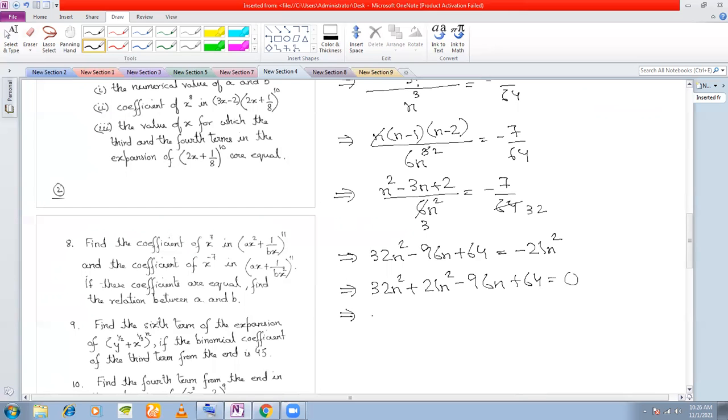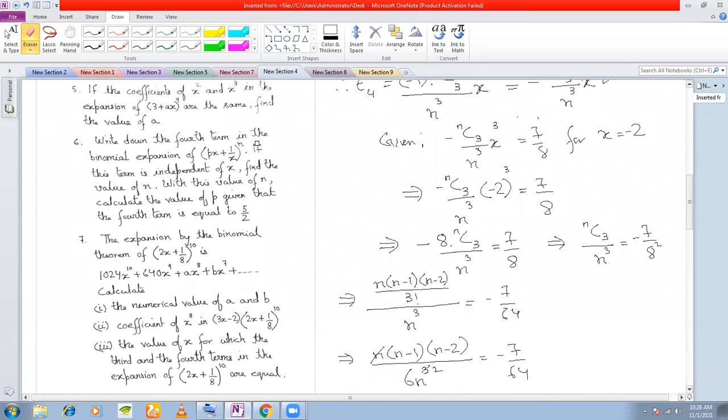So this is 53n square minus 96n plus 64, and this is minus 21. Wait, x is equal to minus 2, so this becomes positive actually here.